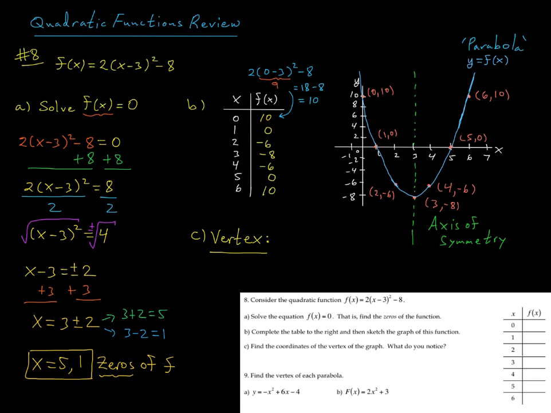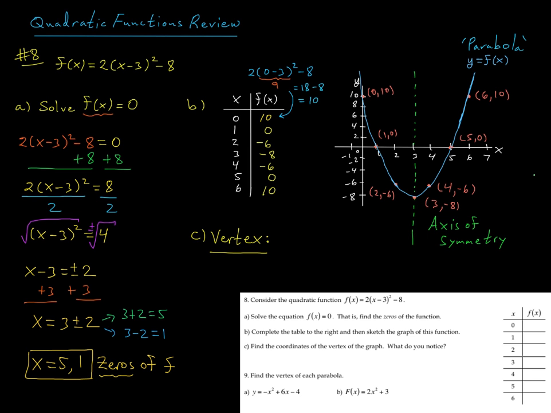If I take this right branch of the curve and fold it over this green axis of symmetry, it'll fall right over this left branch. Put another way, any point on the right branch is paired in a symmetric fashion with a corresponding point on the left branch.